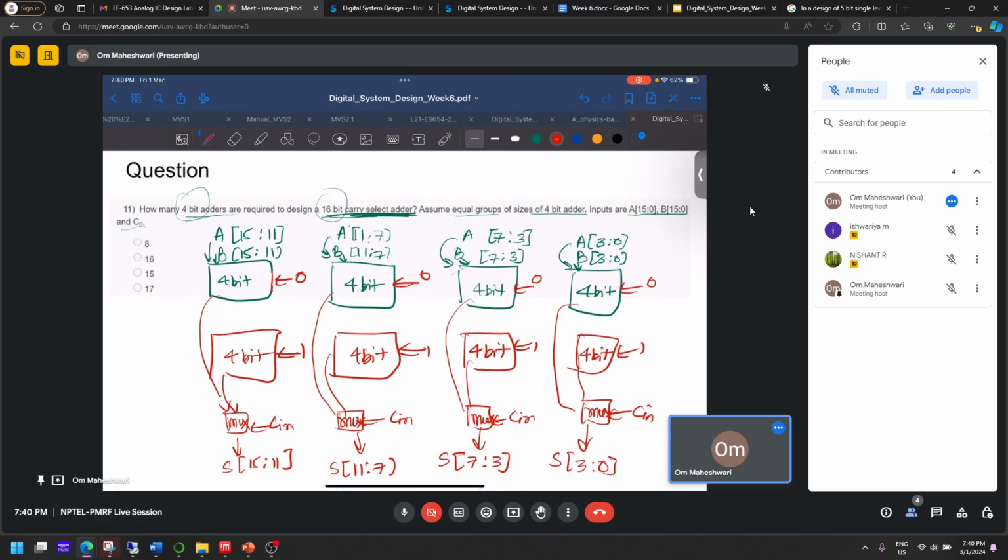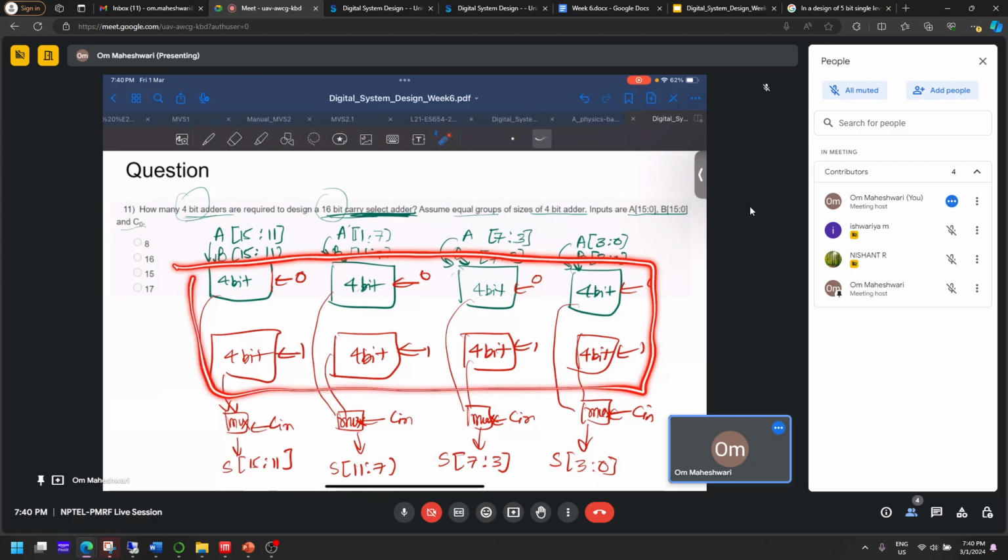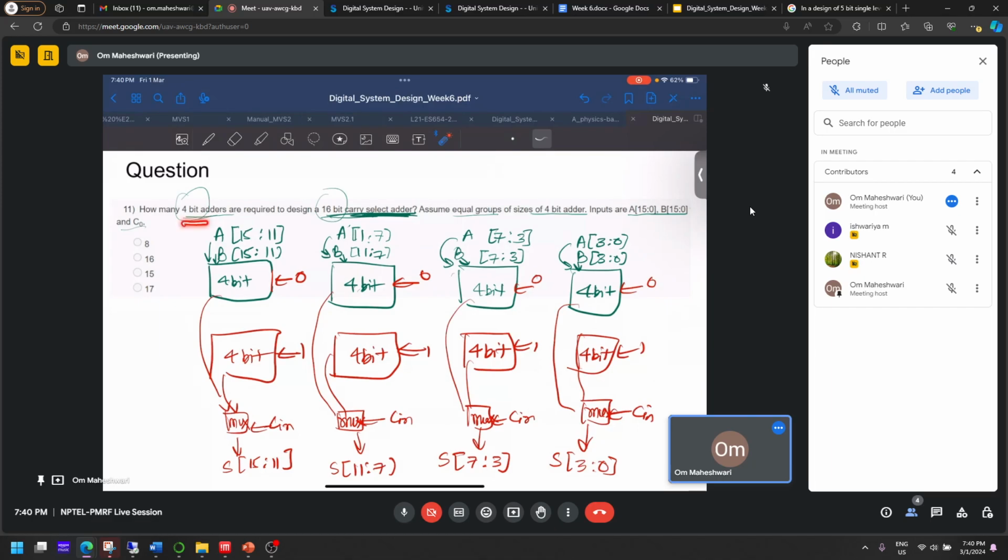So due to the redundancy, it requires 8 adders, 8 4-bit adders.